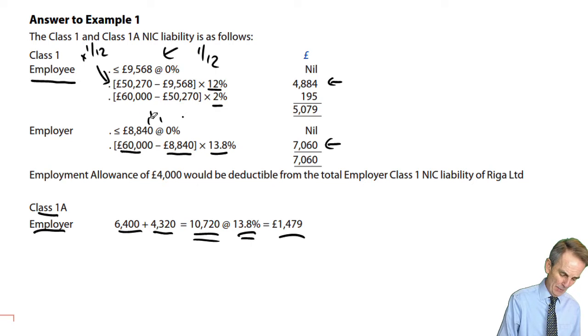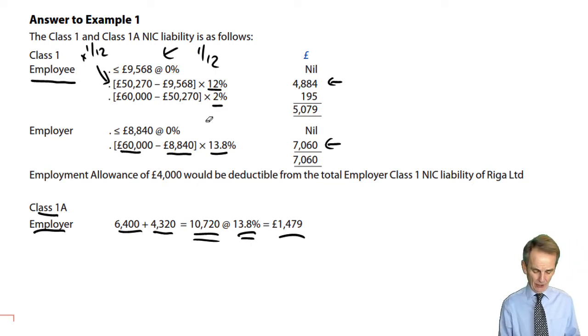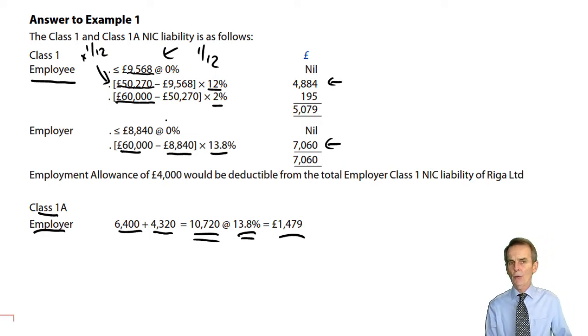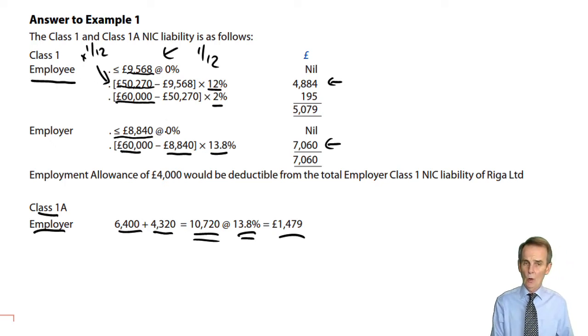I repeat, for the 1 month figures, gross salary 5,000, you would take 1/12 of 9,568, 1/12 of 50,270, and then, of course, compare 1/12 of 50,270 with whatever the monthly gross salary was. That being 1/12 of 60,000 would be £5,000. So far as the employer is concerned, only the threshold to apportion, 1/12 of that. If they gave you 6 months, as I've said, you take 6/12 of those numbers and do the calculations accordingly.